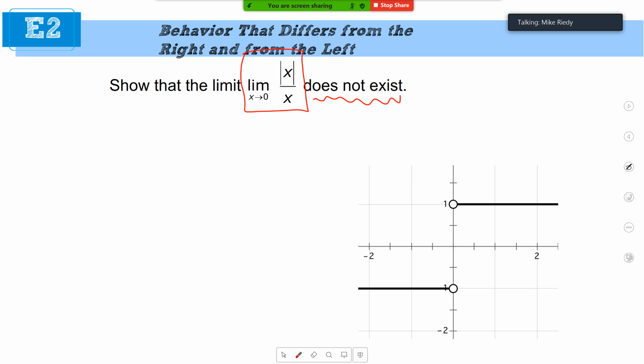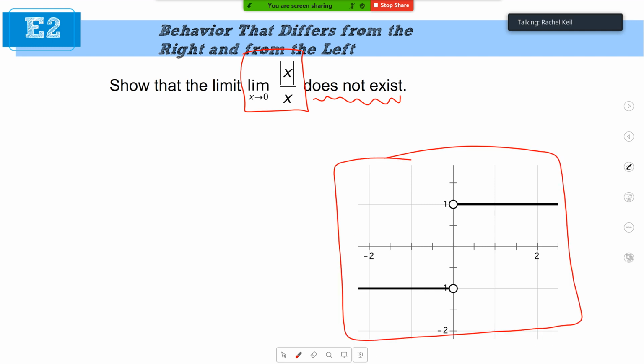Good. Now, can you answer that question based on the graph? Why doesn't the limit exist at 0? When you're getting it from the right side, the left-hand limit and the right-hand limit don't match. Well said, Rachel. If we want to get technical, the limit as x approaches 0 from the positive side of the absolute value of x over x is equal to uno.